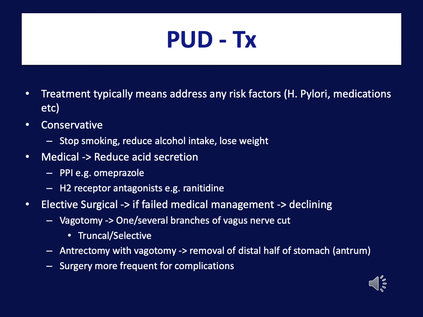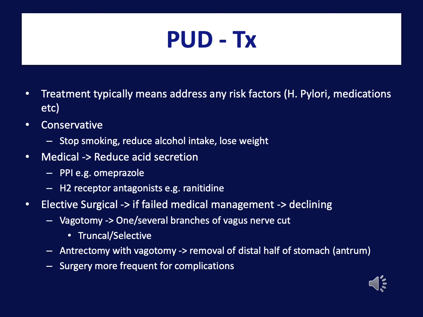There are elective surgical procedures, although the medical management is quite successful. These include vagotomy, so one or several branches of the vagus nerve is cut. This can either be truncal or selective. You could do an antrectomy with vagotomy, so the distal half of the stomach, the antrum, is resected and the vagus nerve cut. Surgery, however, is most frequently saved for complications.